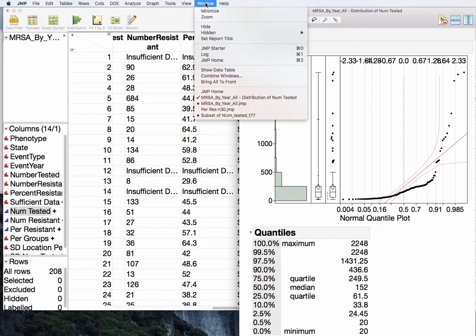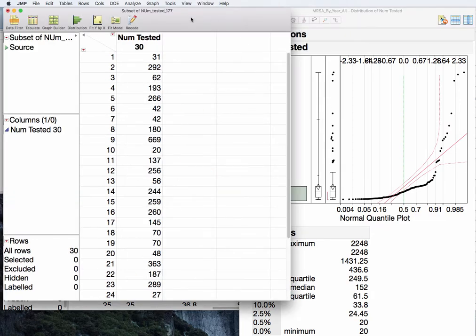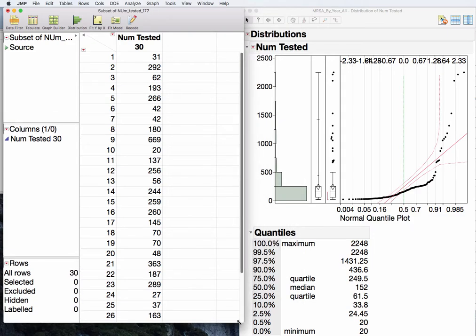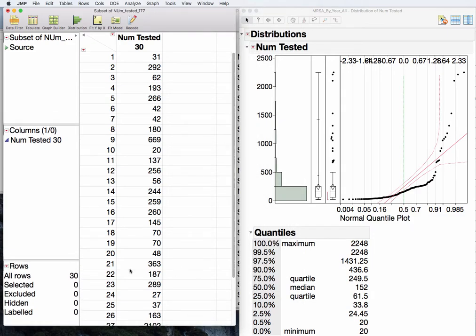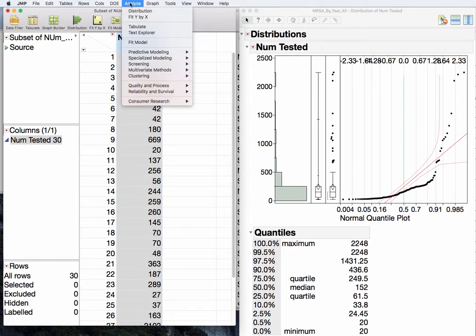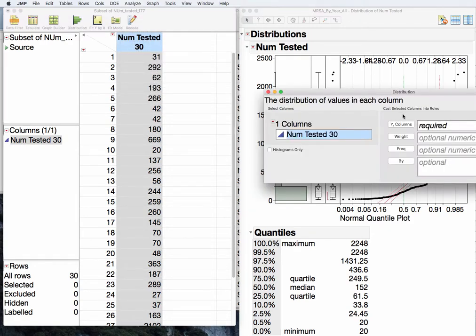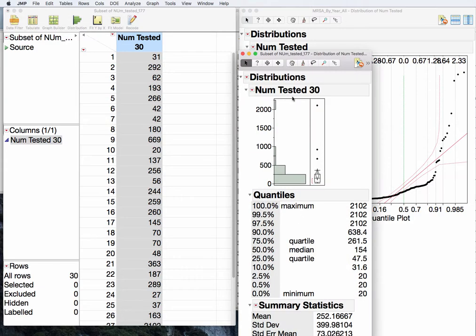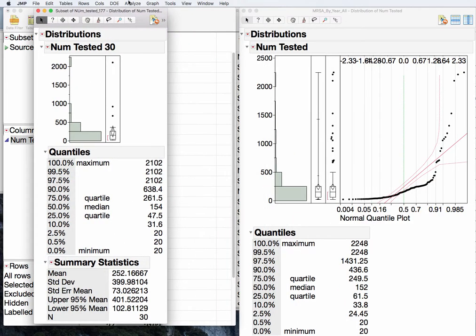If we look at the subset of 30 that was drawn for the number tested and do a distribution for that, we can again see a very skewed distribution.